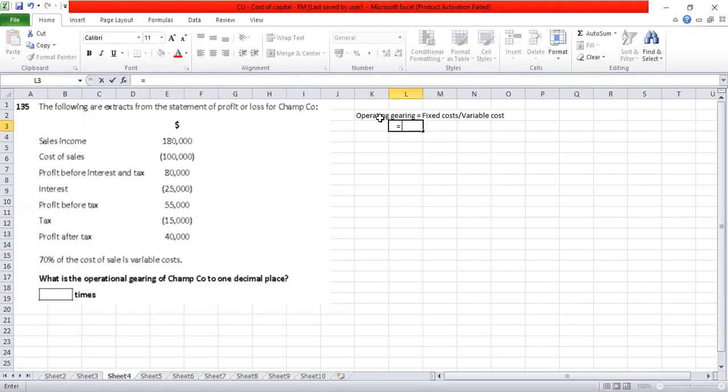So we get variable cost as 70% of 100,000. How much would that be? 70,000.